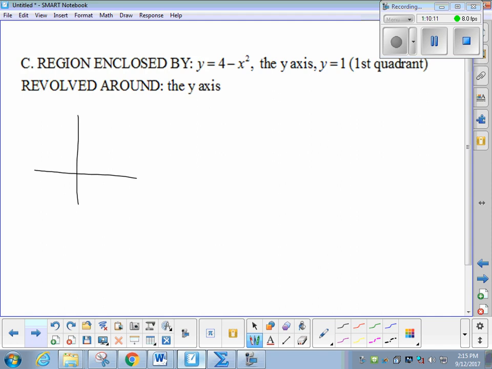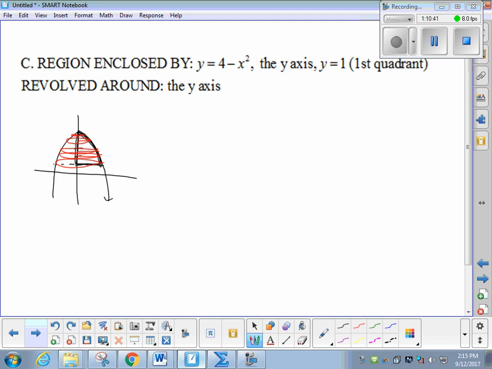The one here, I assume you graphed the region okay here. That's fine. The y-axis is fine, and y equals 1. So here you're talking about this region. If you then revolve it around the y-axis, that's these kind of disks. When you revolve it around the y-axis to get disks, you have to do horizontal slices to get horizontal disks.